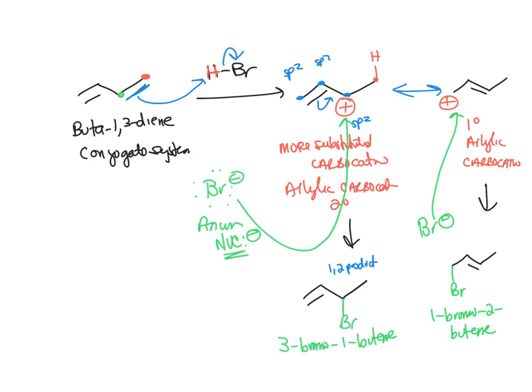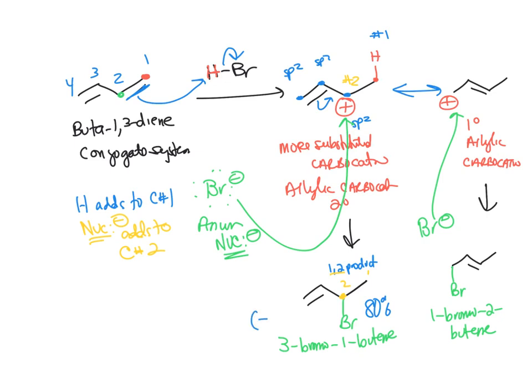The reason it's called 1,2 is because you say 1, 2, 3, 4 across the conjugated system: hydrogen adds to carbon number 1, and the nucleophile adds to carbon number 2. At negative 80 degrees Celsius, that's going to be 80% of your product.